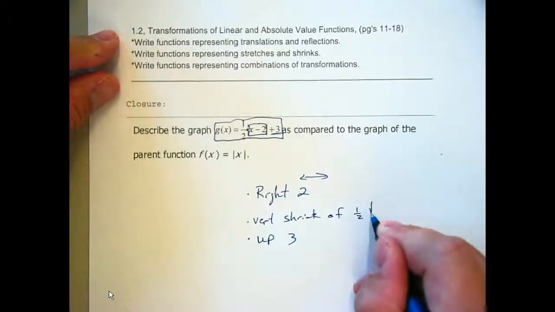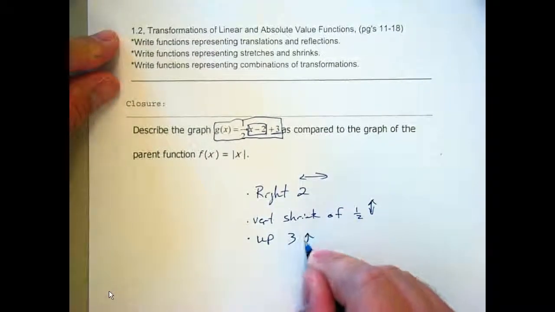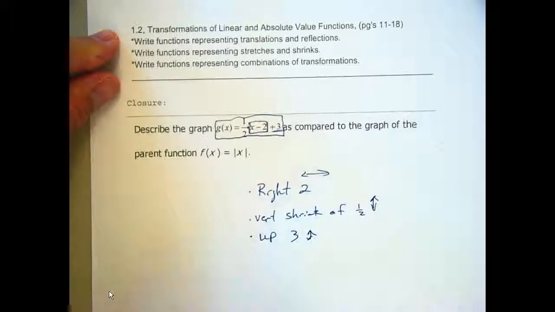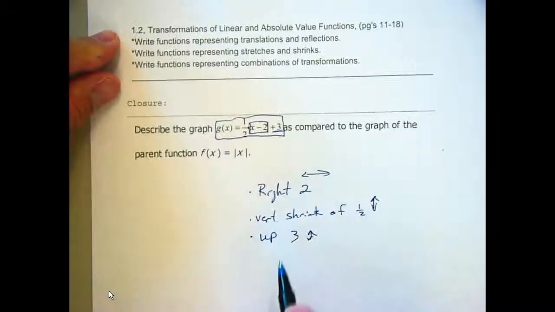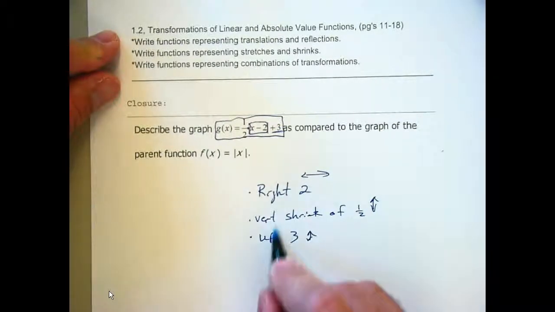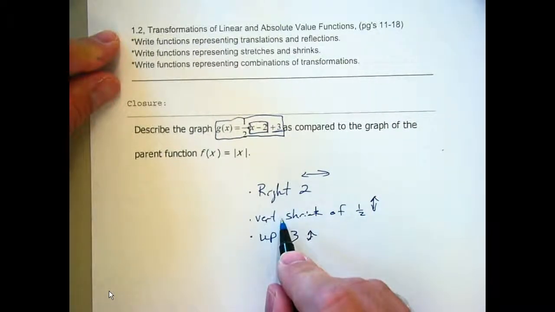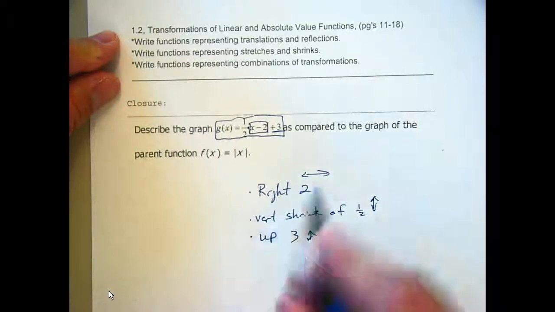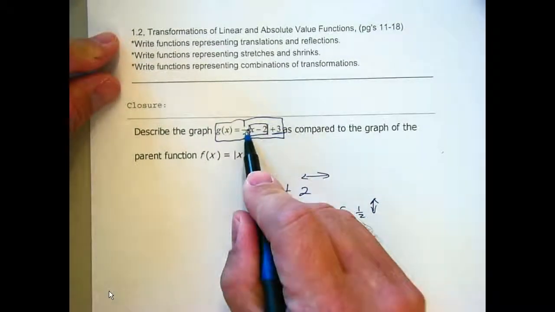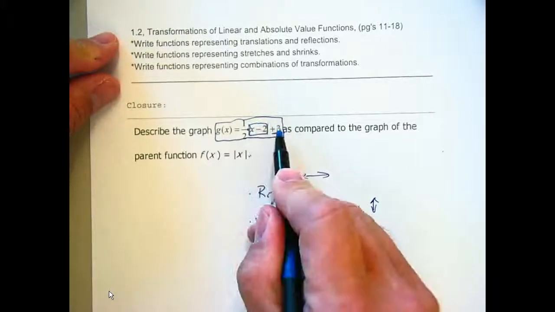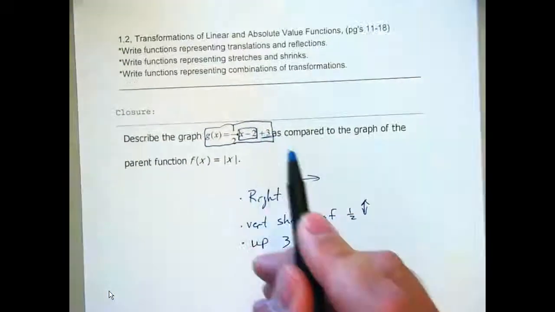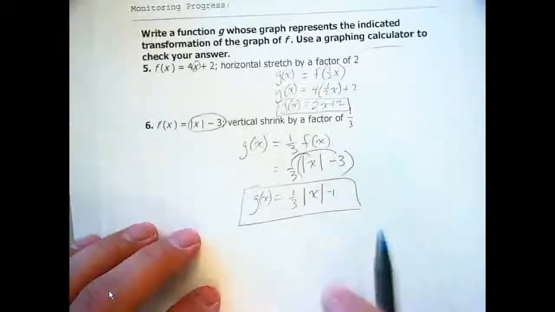Both this and this are moving vertically. Therefore, order is going to matter there. The vertical has to come before the translation. If you translate and then do a shrink, you did it wrong. If you slide this and then shrink it, you're actually having to distribute that 1/2 in. Remember what we did in that previous problem right here?